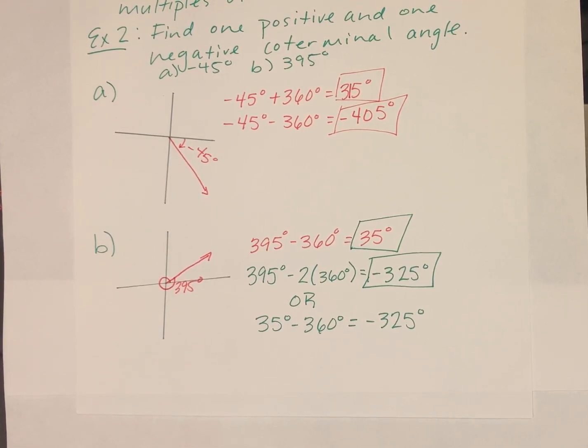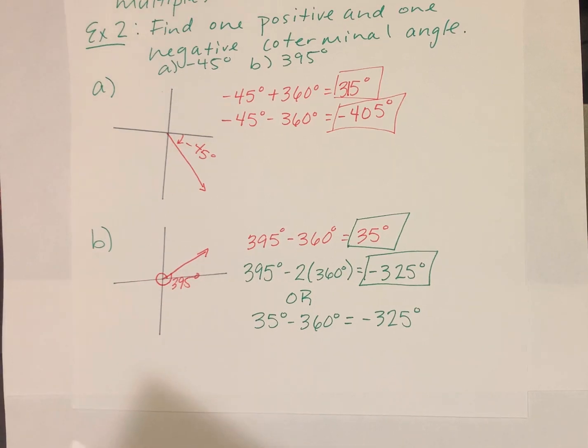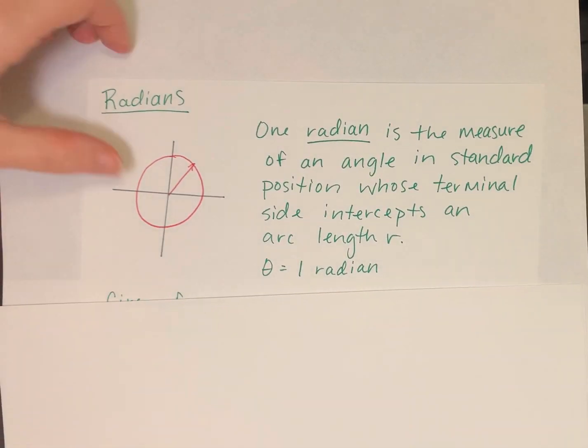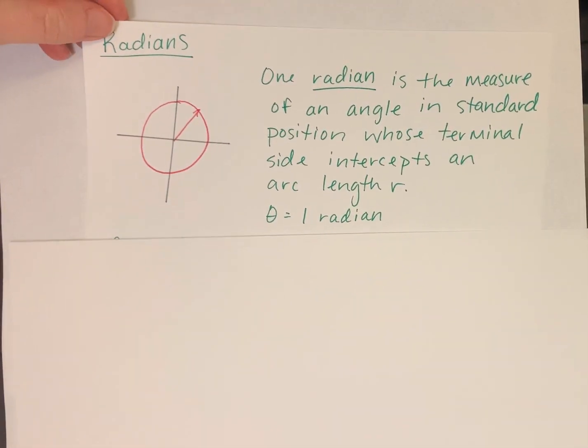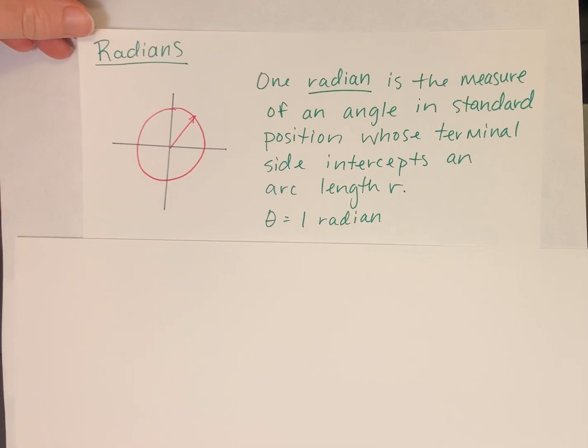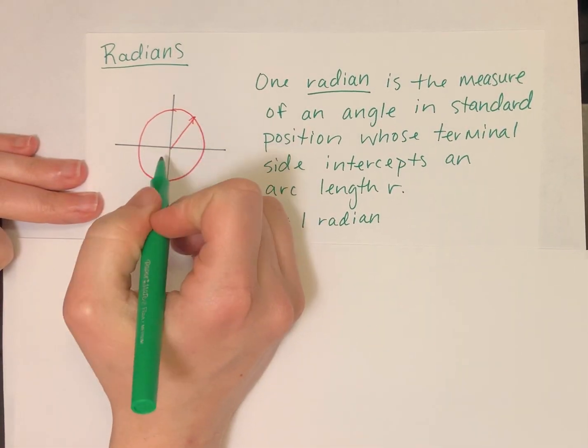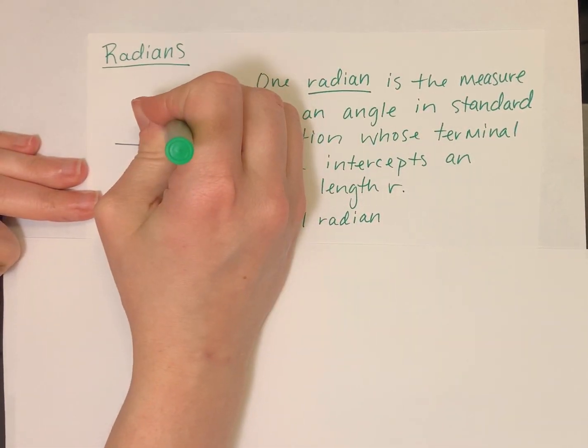Okay. Next, we're going to talk about radians. So radians, we have a circle in our coordinate plane. And that circle has an angle, and it has a radius of r.